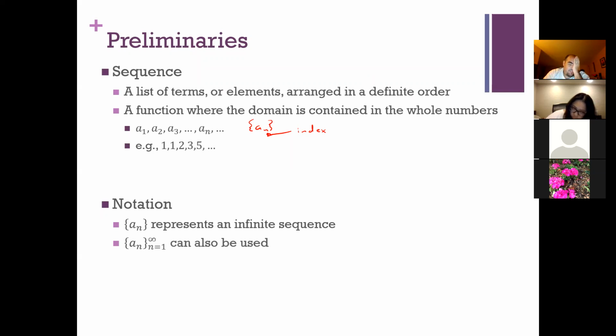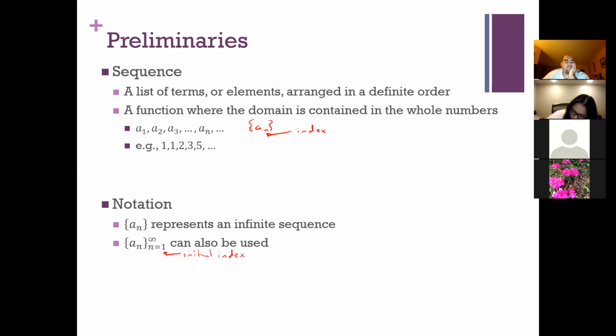Sometimes you'll also see this notation. What this means is that this right here is the initial index.